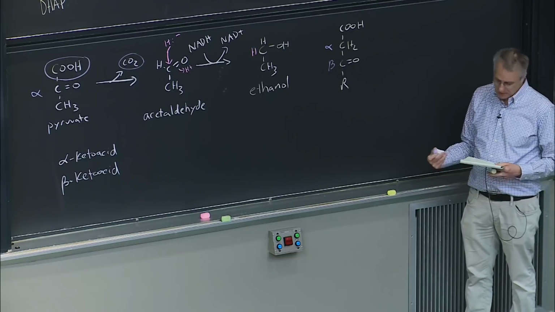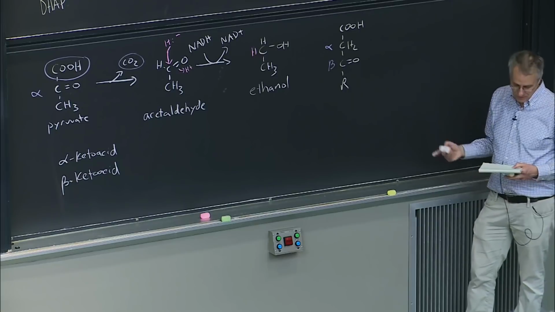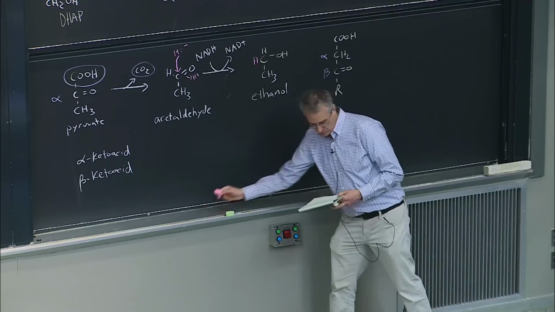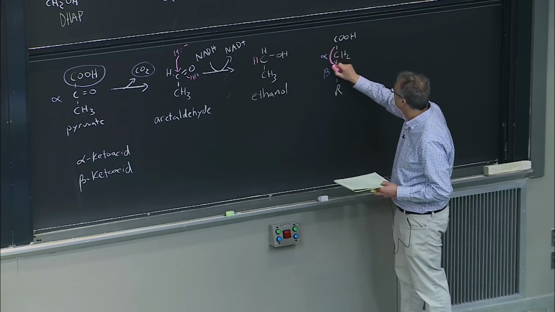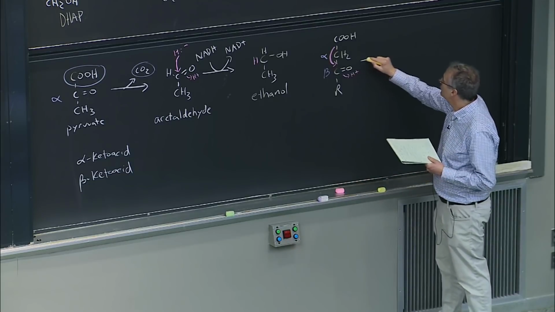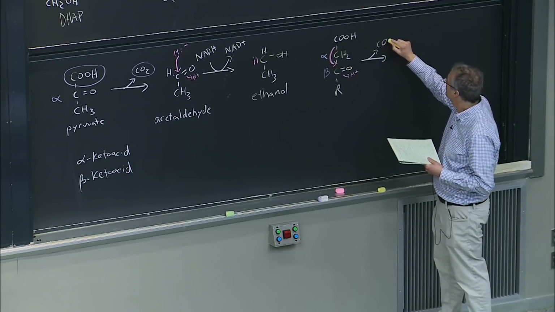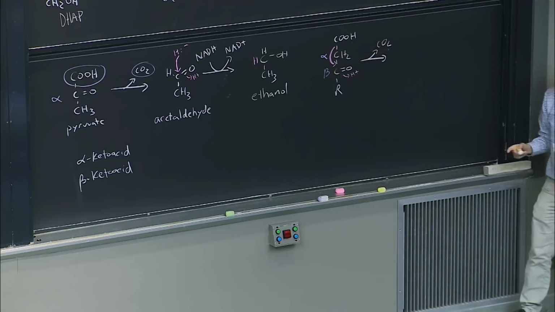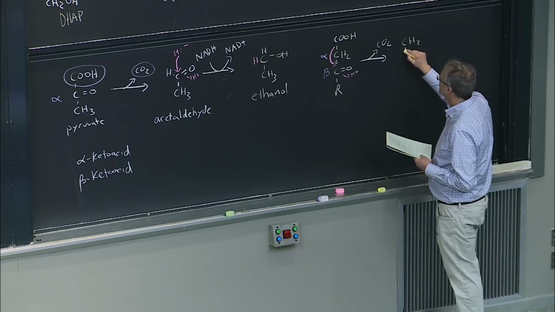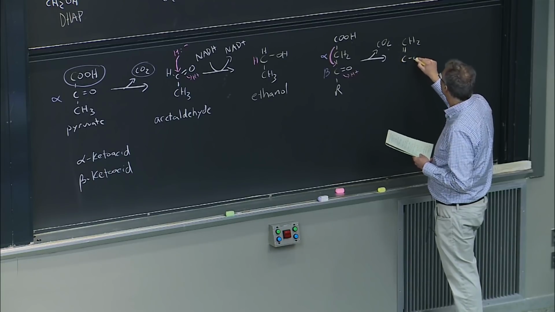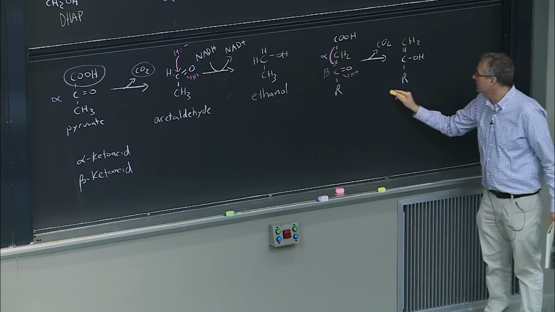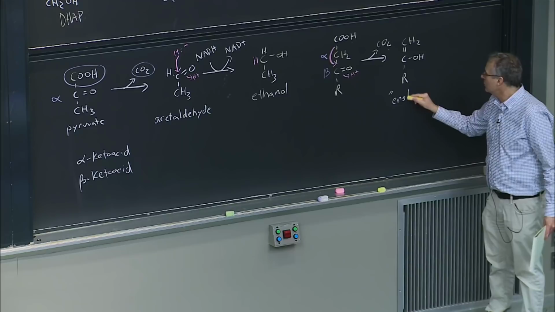Now I want to point out that decarboxylations of beta keto acids are very favorable, and they're favorable for the following reason. If I remove this CO2 from a beta keto acid, I'm left with this molecule, which hopefully you'll recognize as an enol.